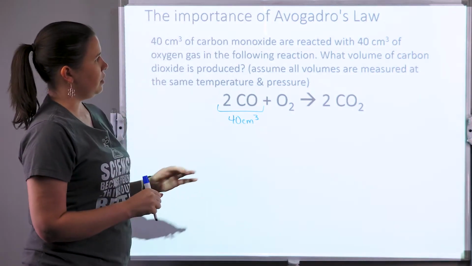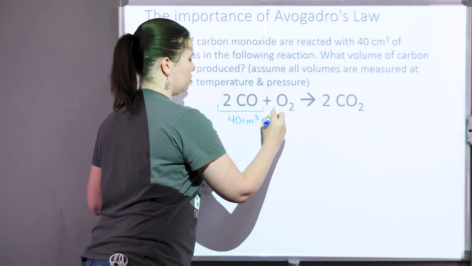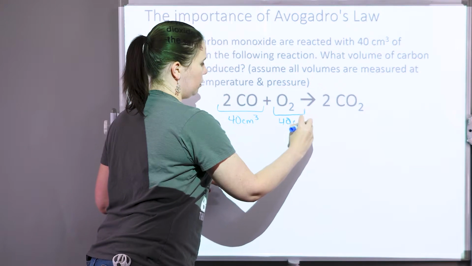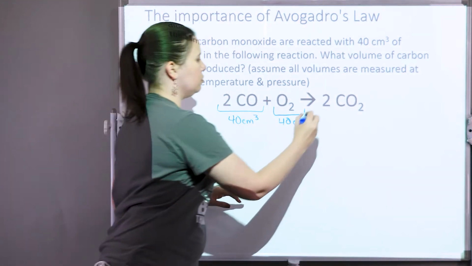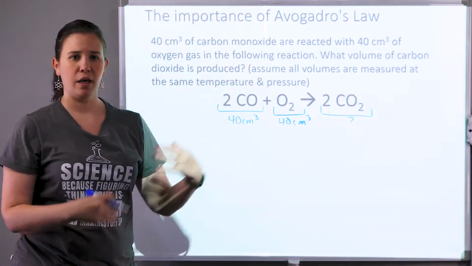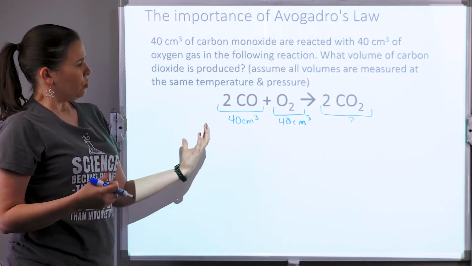Then it also says it reacts with 40 cubic centimeters of oxygen gas. So my oxygen is also present initially at 40 cubic centimeters. Then the question is, what volume do we think carbon dioxide would occupy as an end result after this reaction occurs?